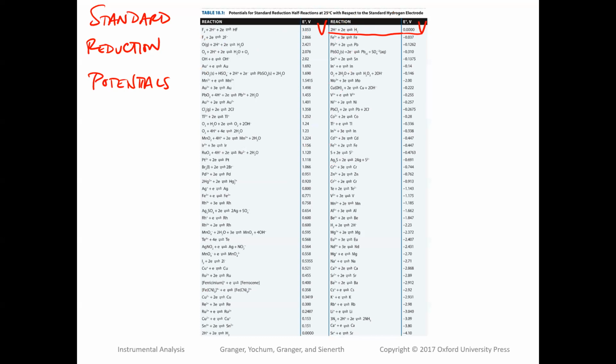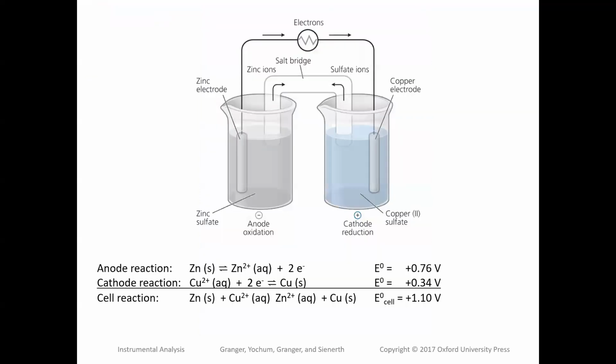Do you remember setting up galvanic cells in 124? Remember all this? I know it's been a while. So we have this difference in potential, and you have one reaction happening on one side of your little salt bridge and one reaction happening on the other side of your little salt bridge. It looks something like this, right?